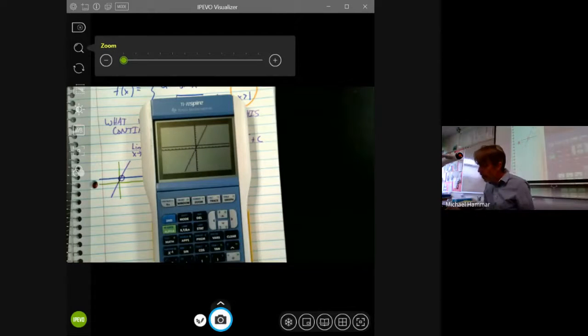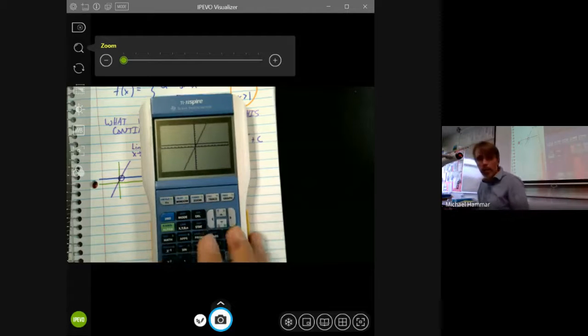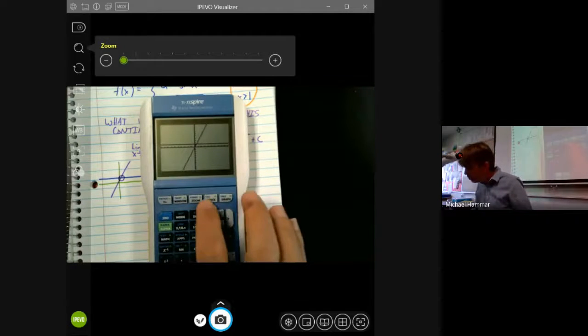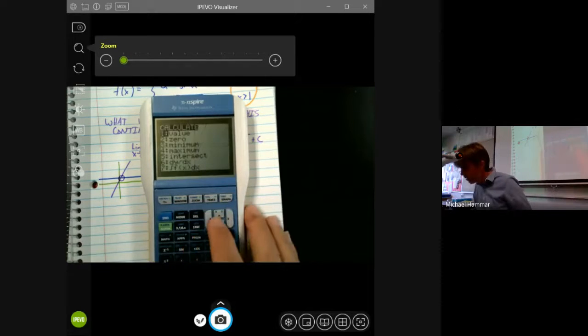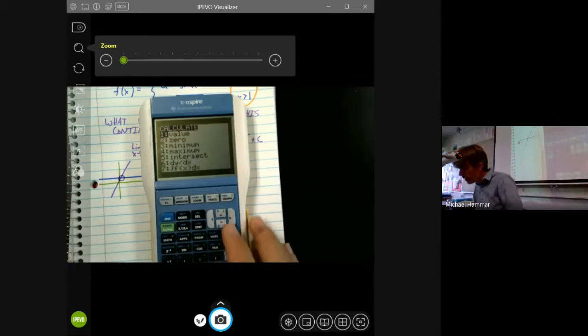Okay? Now, there are some math things that you can do. So let's go to calculate. On our graphing calculators, you'll notice in the blue up here, it says calculate. So we're going to do second calculate. And what I want to do is find the value where these things are intersecting. Okay?